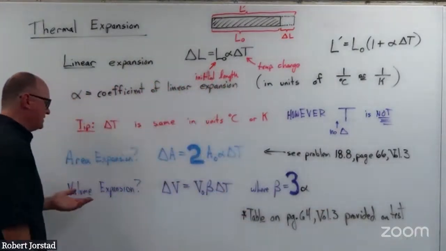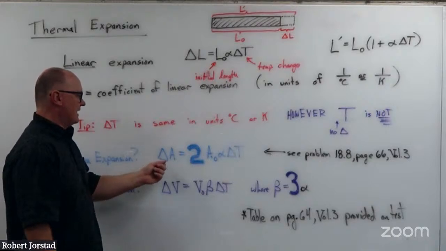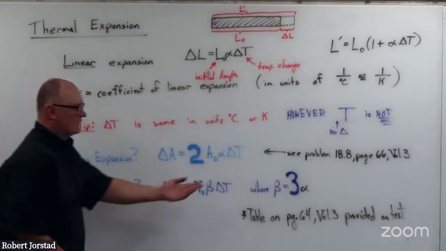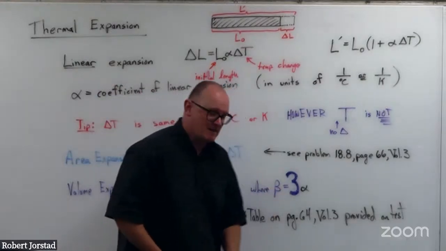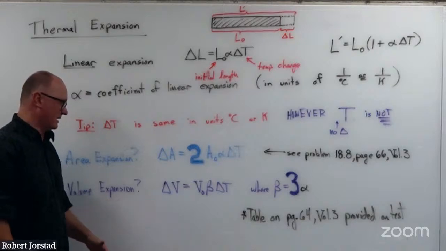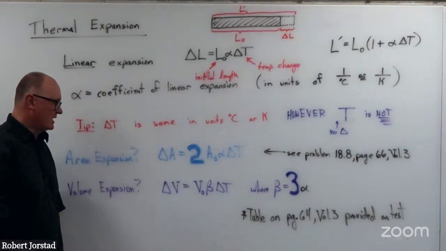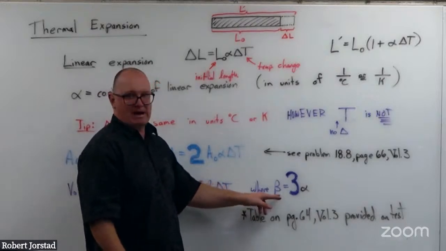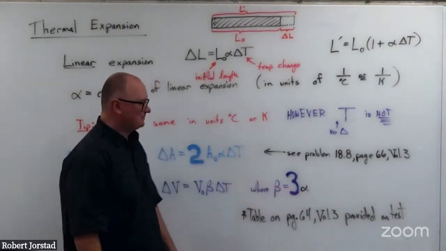But for now, I just want to mention that areas will expand at twice the rate. And then volumes, 3 times, length times width times height. But this is kind of handy because this would work for a sphere or just a large volume of fluid. And so we typically use this term beta, but beta is just 3 times alpha.